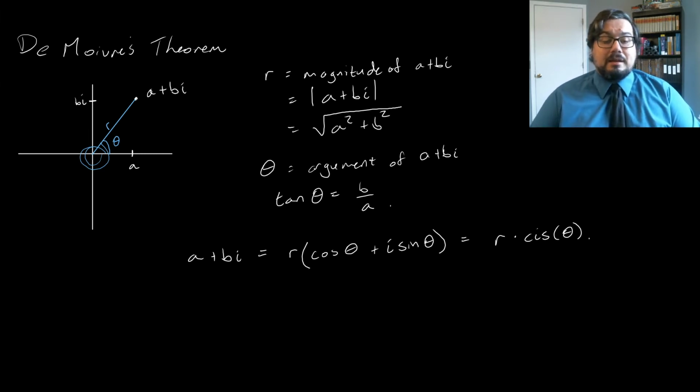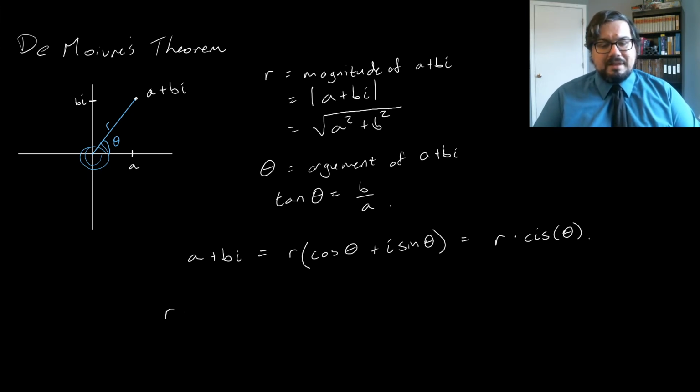This is a conveniently compact notation for the complex number, but the main reason why we want to use it is because when we use this trigonometric form, multiplying complex numbers is easy.